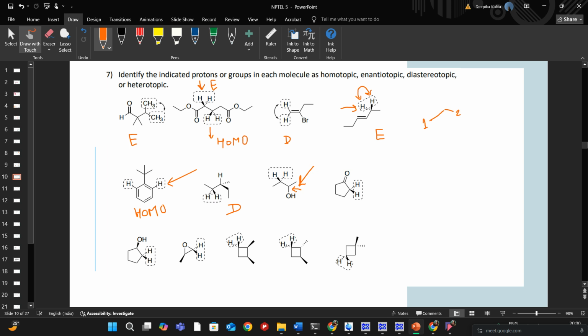So, one proton of the shaded box will be lying in the same face of the hydroxyl group, whereas the other one will lie on the opposite face of the hydroxyl group. Hence, these two cannot be said to be in the same chemical environment. Hence, these two will be chemically non-equivalent. And these two will be diastereotopic protons.